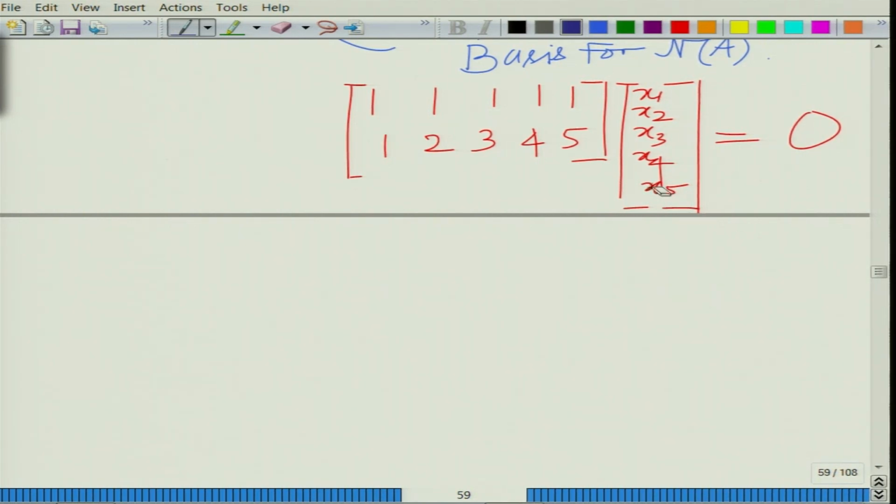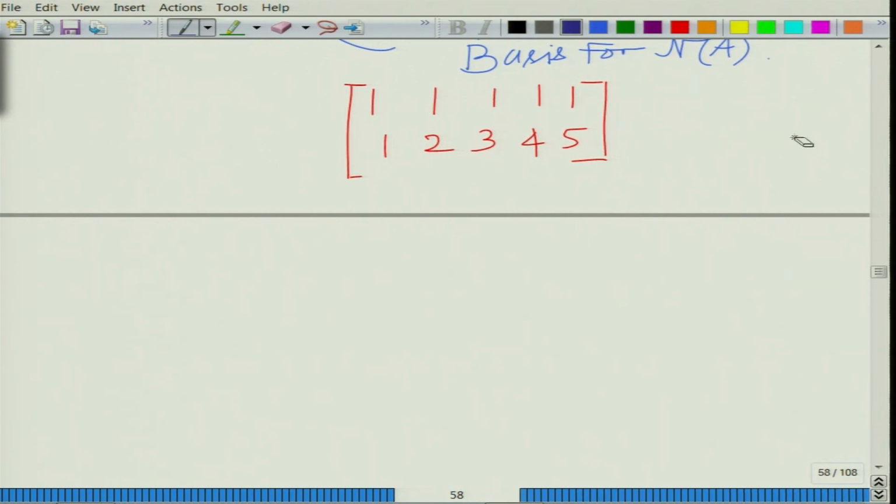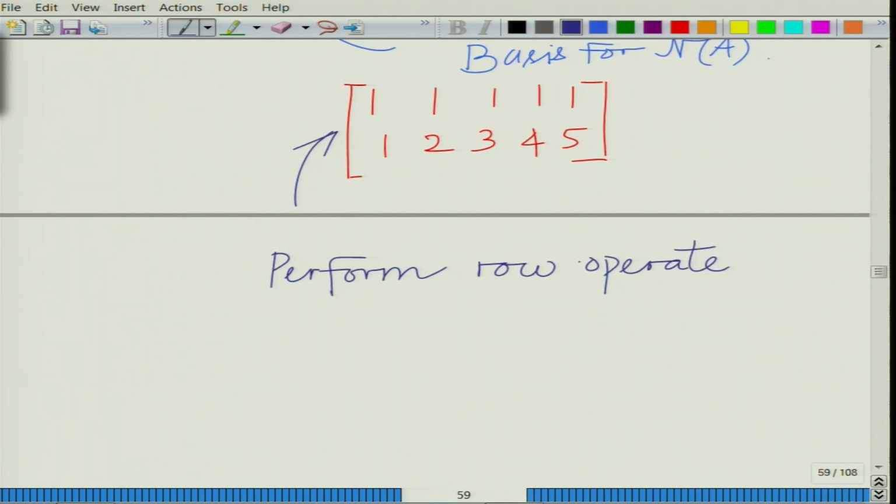Let us first start with the row reduced form, then it becomes more convenient. Let us perform row operations. First, let us replace R2 by R2 minus R1.